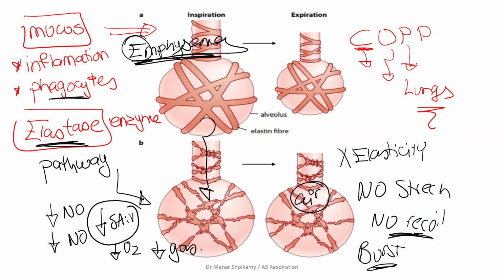And from the name, these enzymes break down the elastic fibers. Very good. This will affect the alveoli. They have good intentions, but the alveoli will not be elastic. You will not be able to stretch. You will not be able to recoil. You will not be able to breathe. It will give you poor oxygenation, poor ventilation, poor gas exchange, and this is emphysema. Okay? Nice?